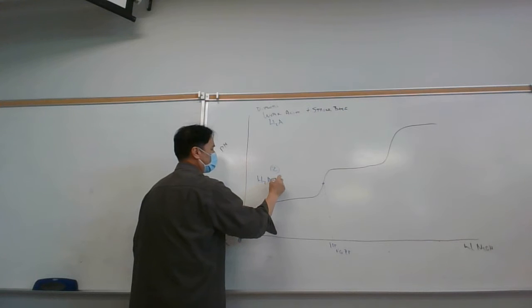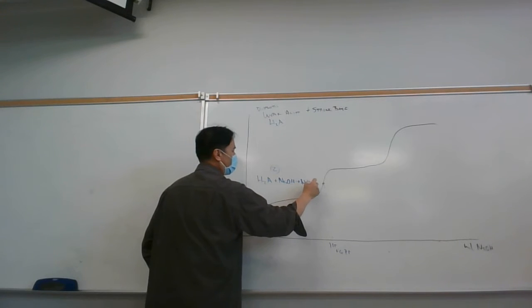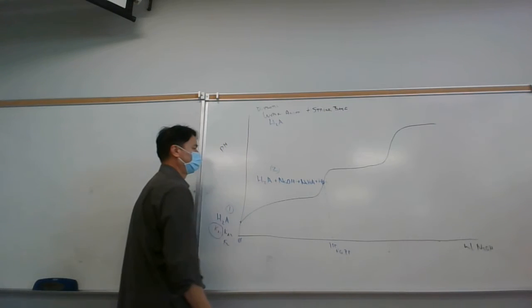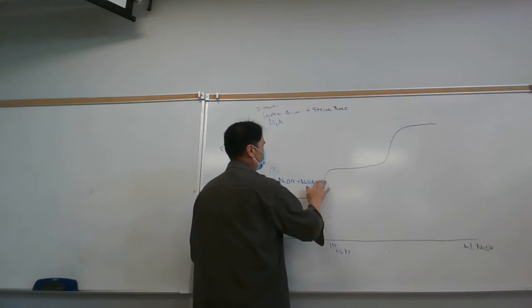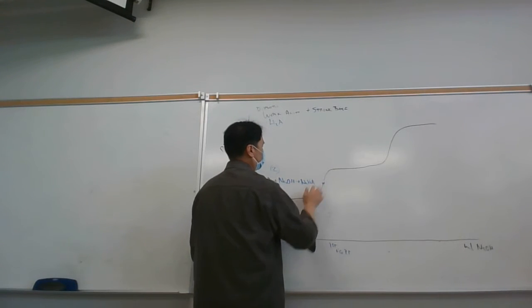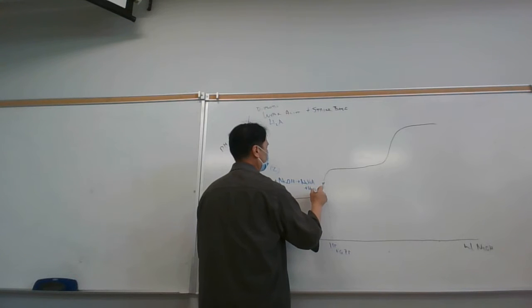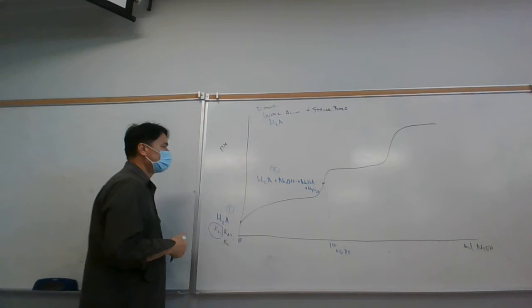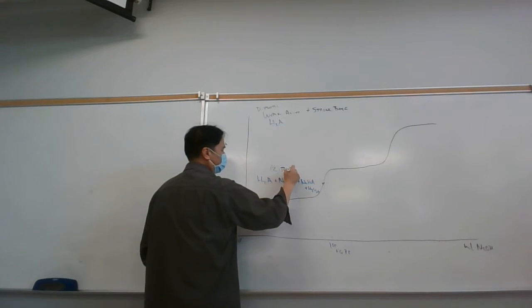conjugate base. And so H2A plus sodium hydroxide is going to give us sodium hydrogen A plus water. All right, so this region is called buffer one.